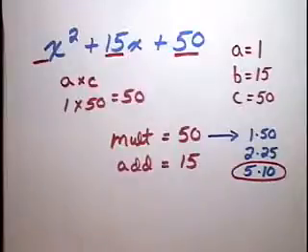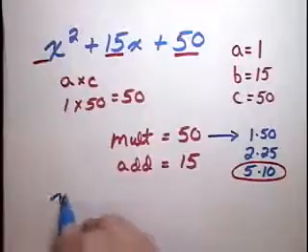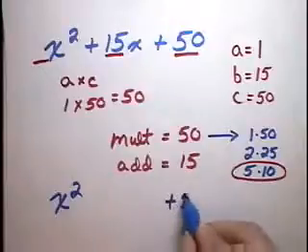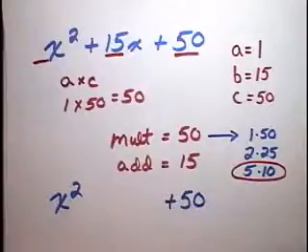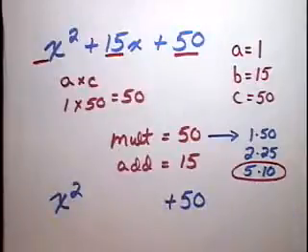Now here's what I do. I go back to my trinomial the way it was written, and I leave my first term alone, which is the x squared. I leave my last term alone, which was the plus 50. And what I'm going to do is rewrite the middle term. Instead of 15x, I'm going to break that down using the 5 and the 10 that I just discovered as my coefficients.